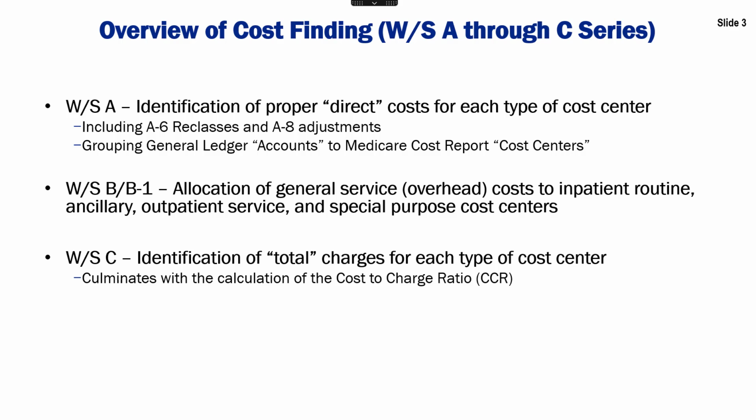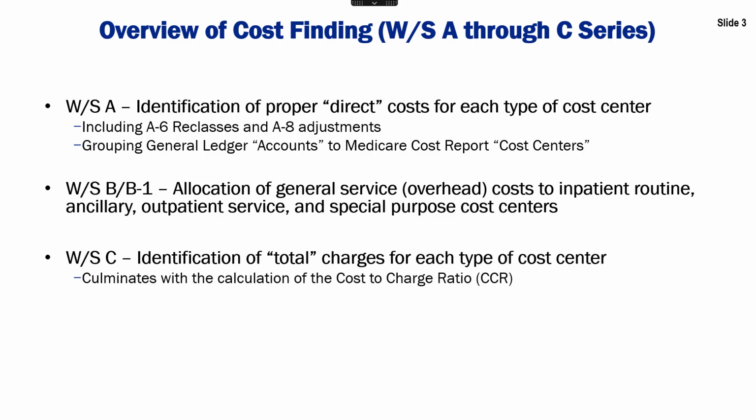Now, for this to make any sense, we have to understand a couple of different terms here. On the provider side, when a provider is maintaining their financial accounting systems and their general ledger, the terminology is accounts. That's the term used to classify and categorize all the different types of transactions.